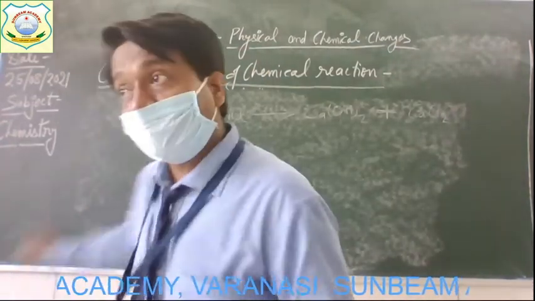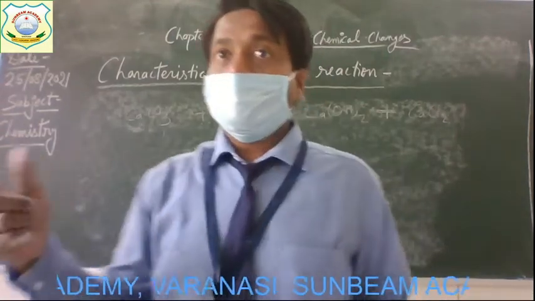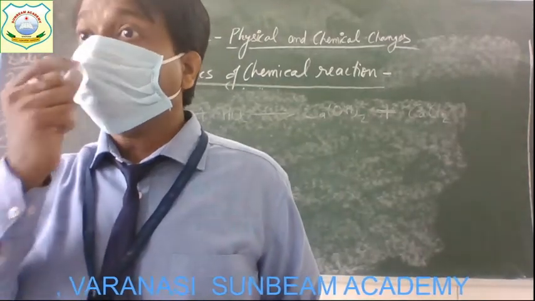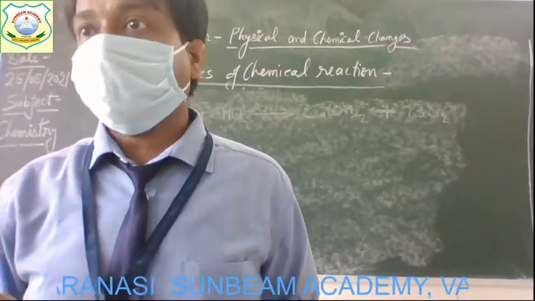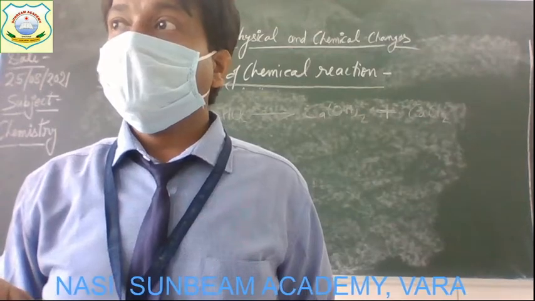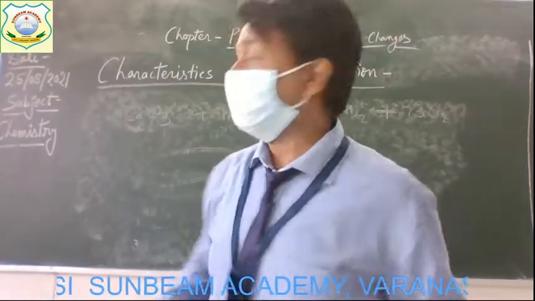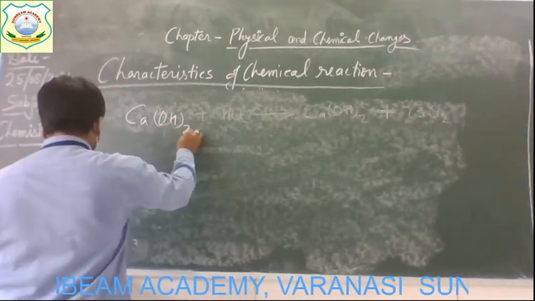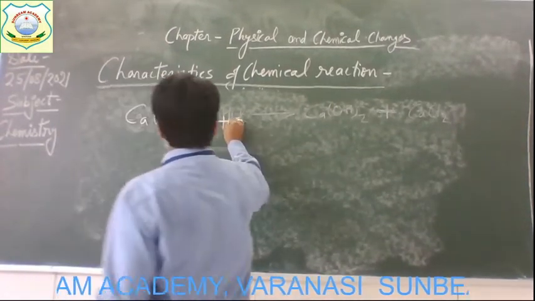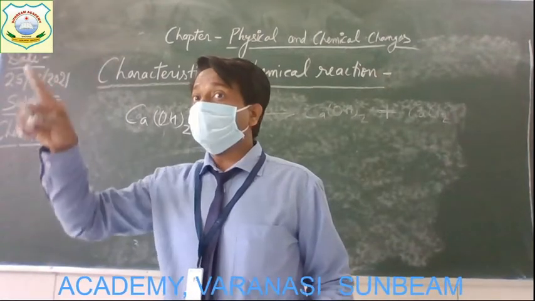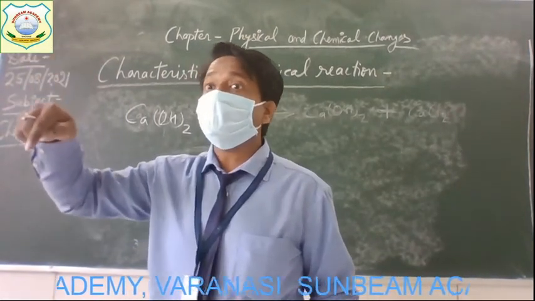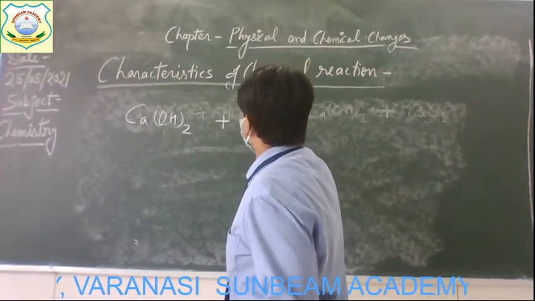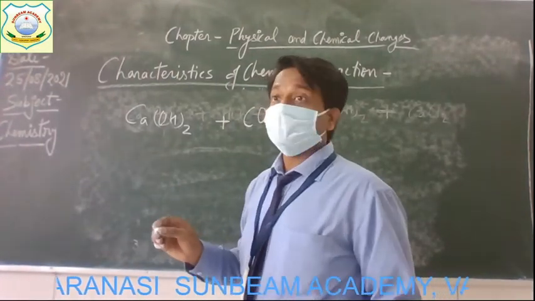Now, after that, I have told you we will use lime water. So lime water is actually what? It is calcium hydroxide. Get it? Lime water is calcium hydroxide. So when carbon dioxide is passed, when we insert the glass tube in the lime water, what change occurs?